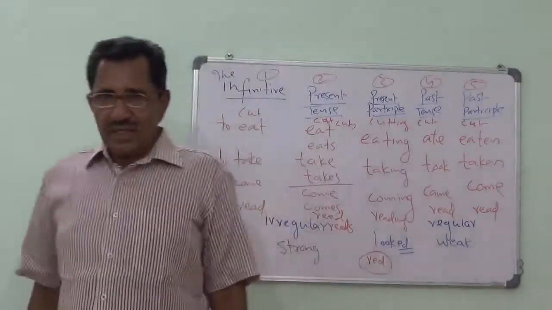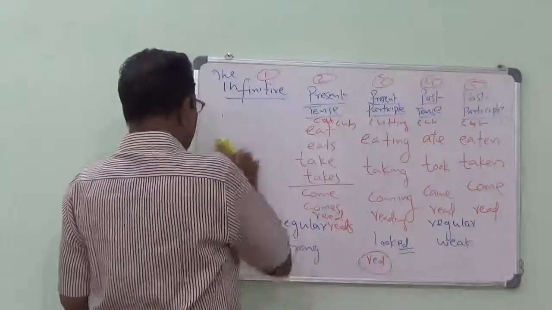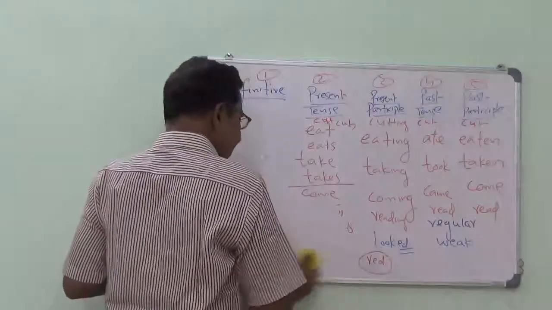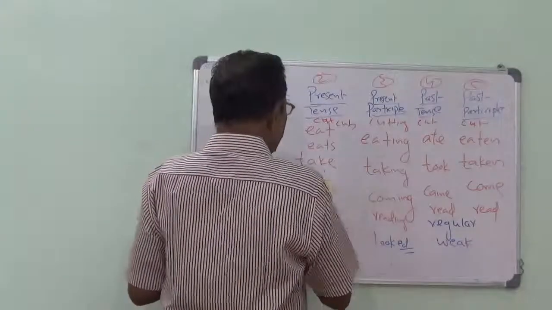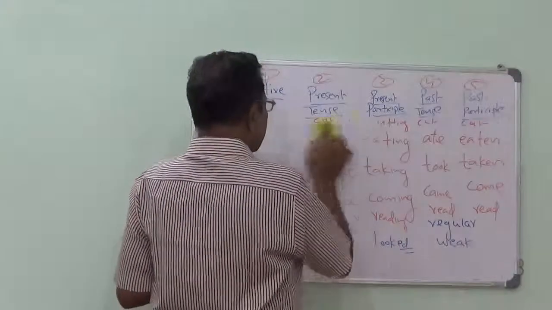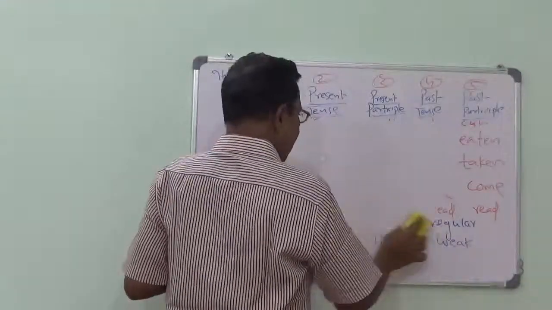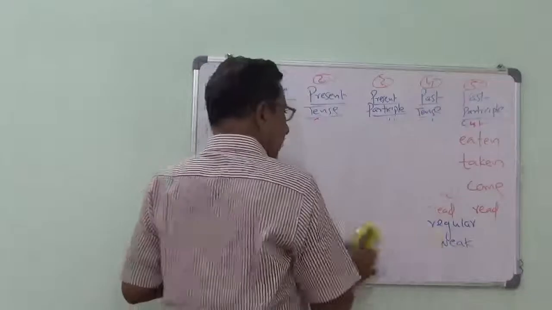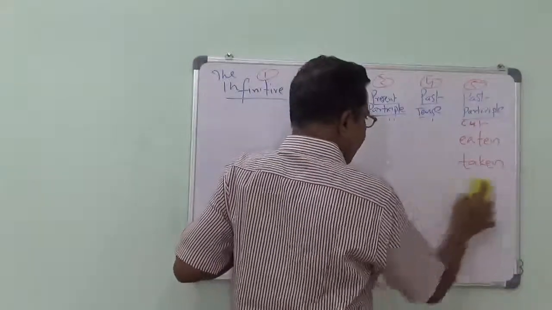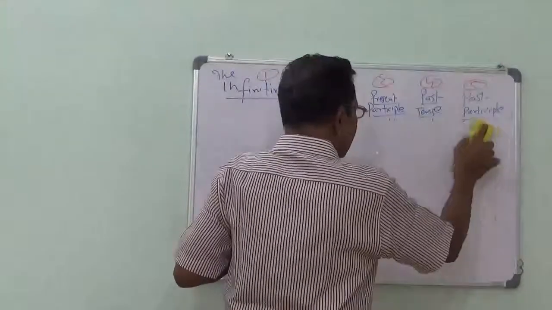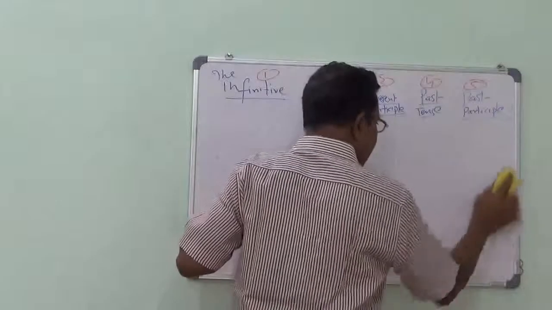So about English verbs, as I told you right from the beginning, English verbs are divided into 2 groups. One you call main verbs, the other you call helping verbs, or you have got another pet name for that, auxiliary verbs. Of course, we will do that tomorrow. Don't get bothered about that today.